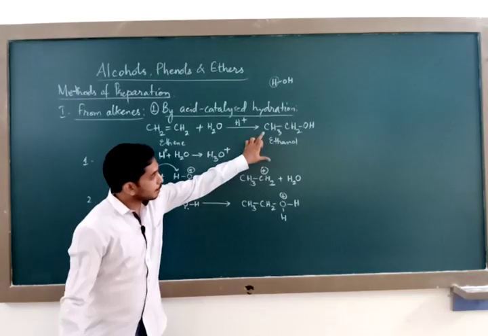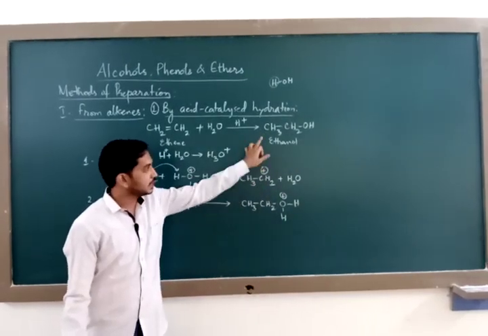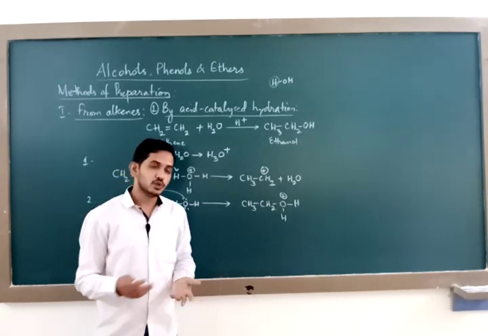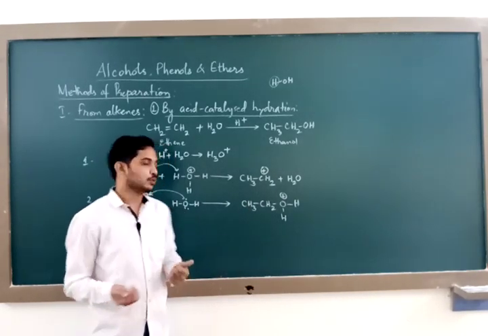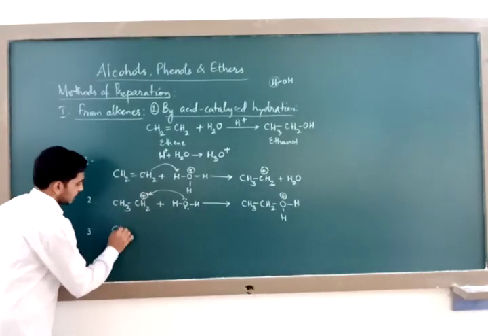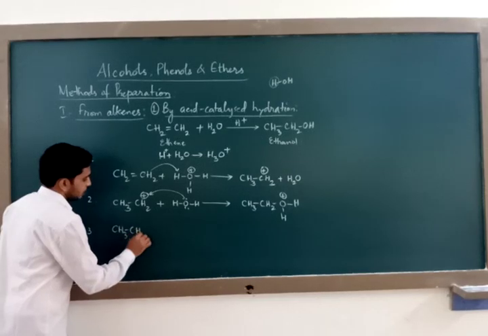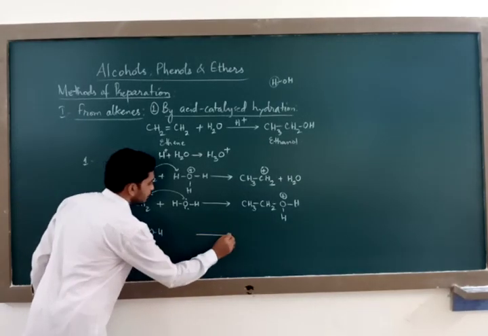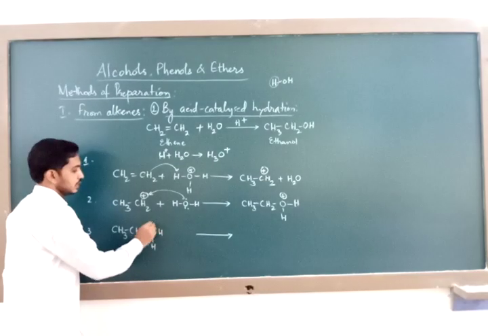This and the product ethanol, they are differing only by a proton that needs to be removed. So, removal of proton is called deprotonation. So, the third step is deprotonation, wherein our protonated alcohol is deprotonated to give us alcohol.